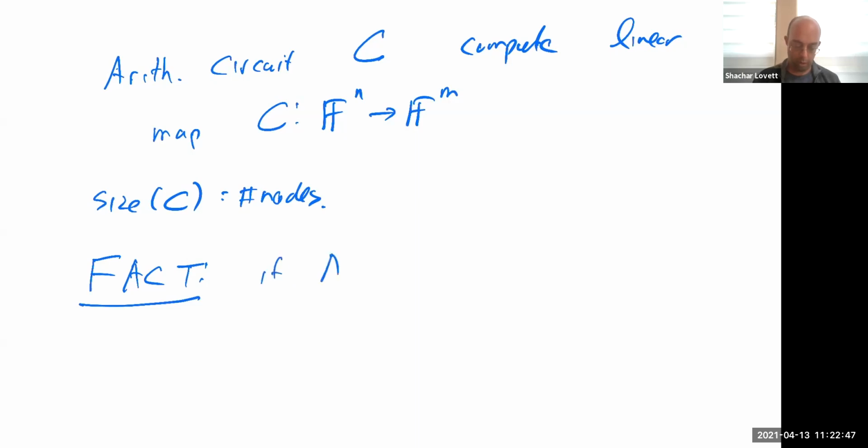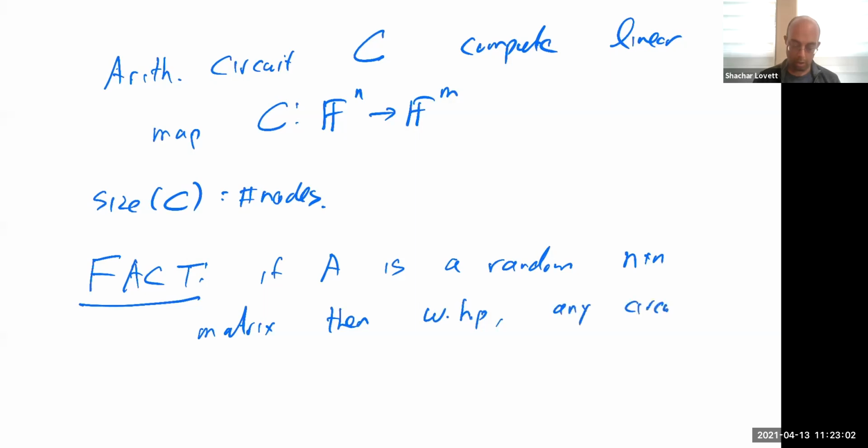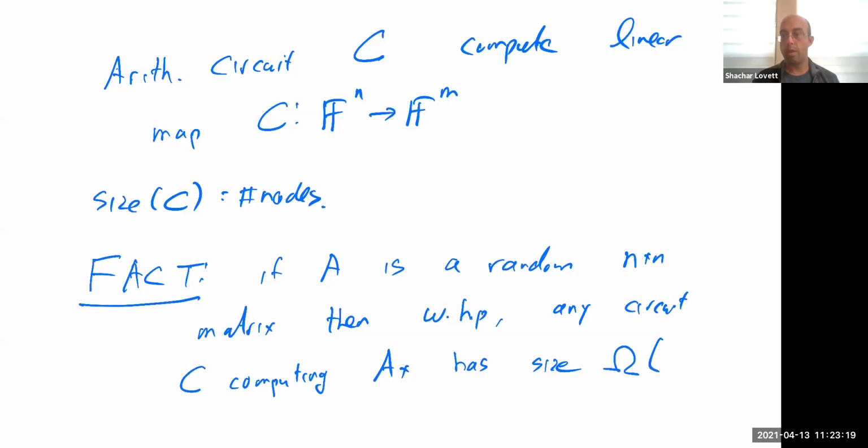If A is a random n-by-n matrix, then with high probability any arithmetic circuit C computing AX has size omega of, so n squared would be the trivial algorithm, but actually the bound gives us something slightly less, like n squared over log n.